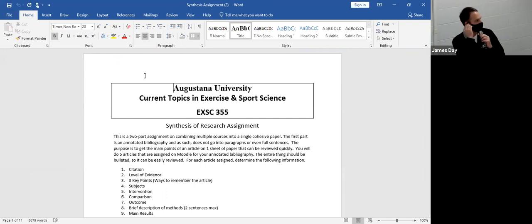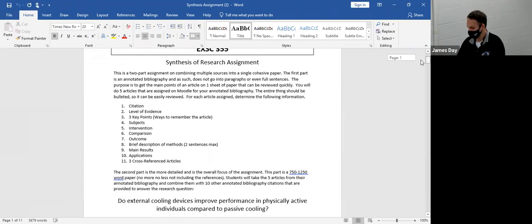So, like I said, 2 parts to this assignment. The first part is I want you to create an annotated bibliography of those 5 articles. So an annotated bibliography is even a shorter version of your CAP paper.